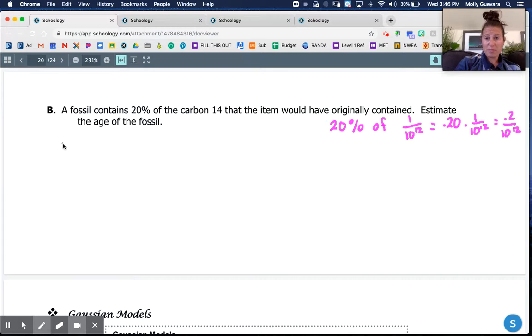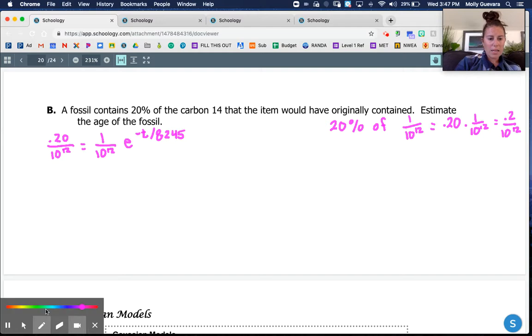Okay, so that's going to be my right-hand side, so 0.20/10 to the 12th equals, and then that equation that was given to us, 1/10 to the 12th, e to the negative t over 8,245. Okay, again, I am going to multiply both sides by 10 to the 12th. Excuse me, these cancel. And actually, these cancel too.